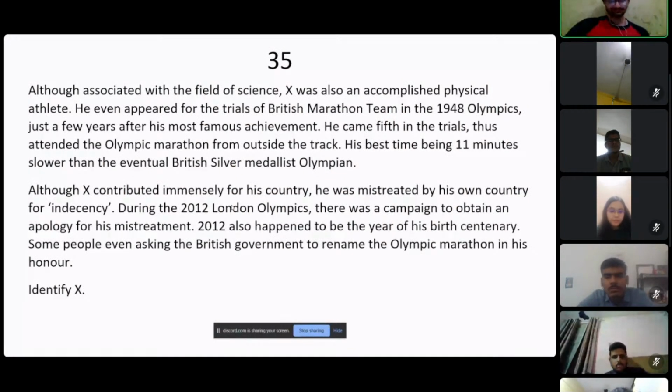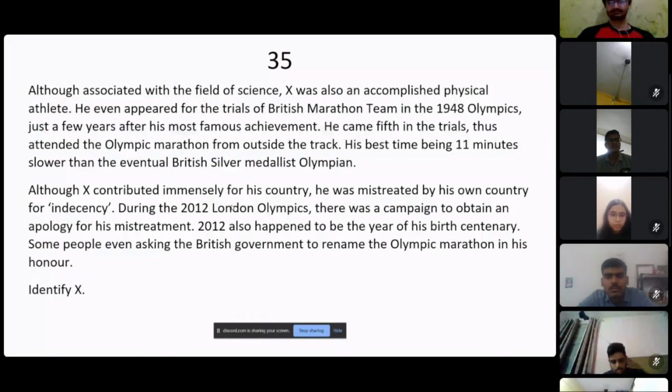Direct to P3. Although associated with science, X was an accomplished physical athlete. He even appeared for the trials of the British marathon team in 1948, just a few years after his most famous achievement. He came fifth in the trials, thus attending the Olympic marathon from outside the track, his best time being 11 minutes slower than the eventual British silver medalist. Although X contributed immensely for his country, he was mistreated by his own country for indecency.